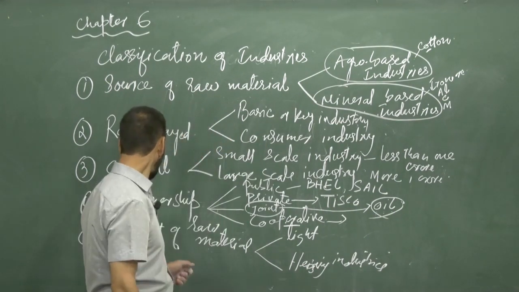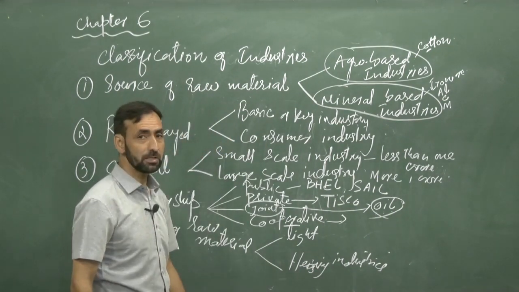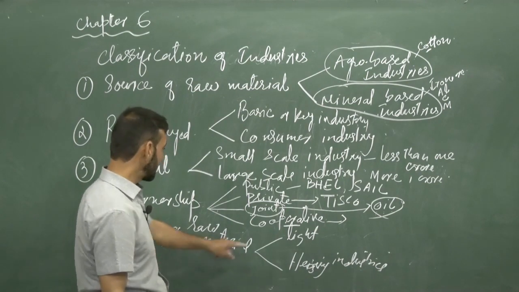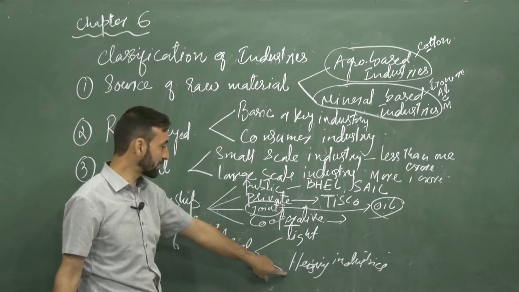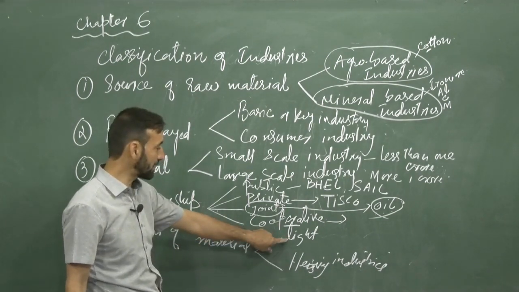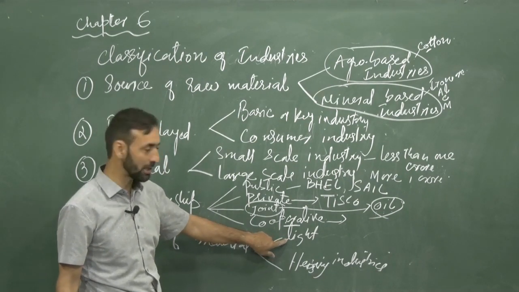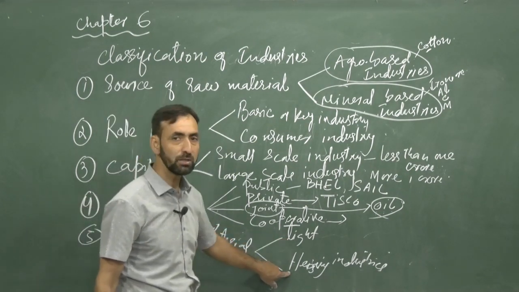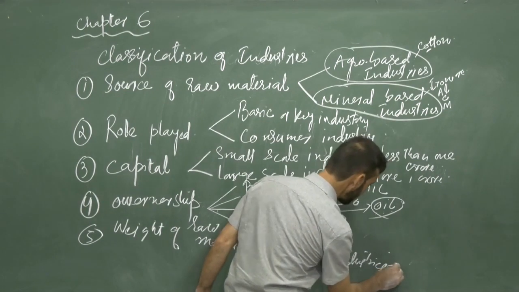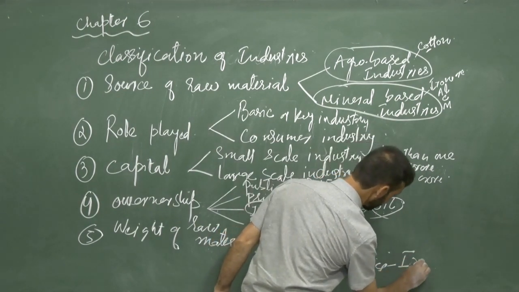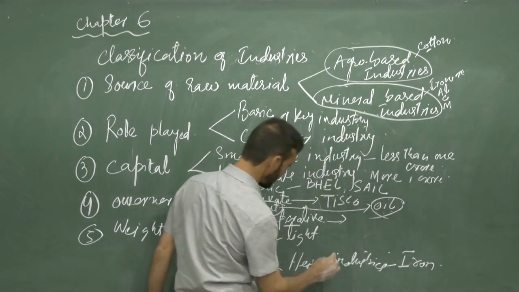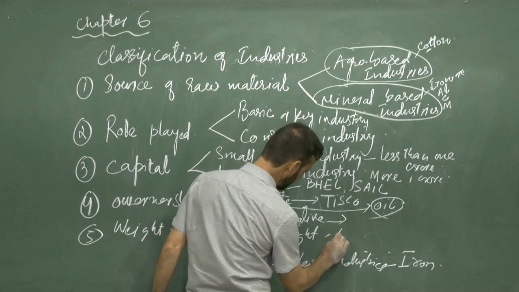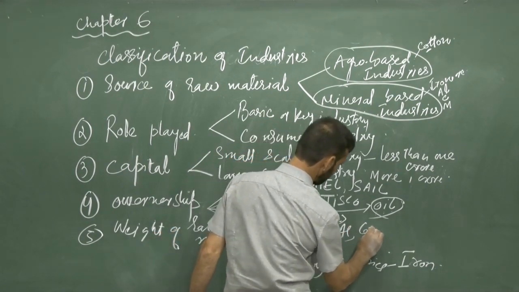Now, on the basis of weight of raw material, there are two types of industries: light industries and heavy industries. Means light industries use the light raw material, heavy industries use heavy raw material. Heavy raw material is iron, light raw material is aluminum, cotton.